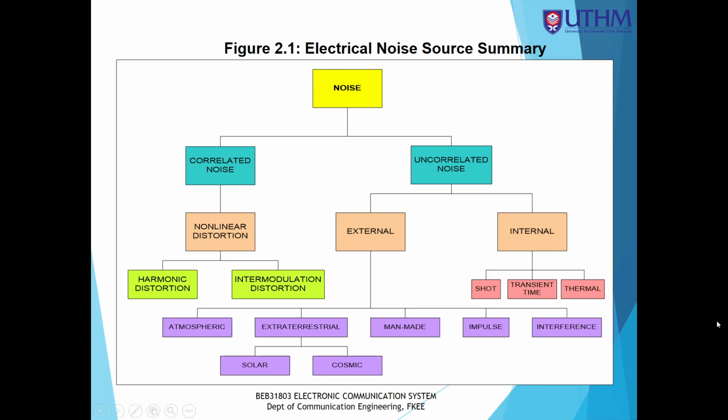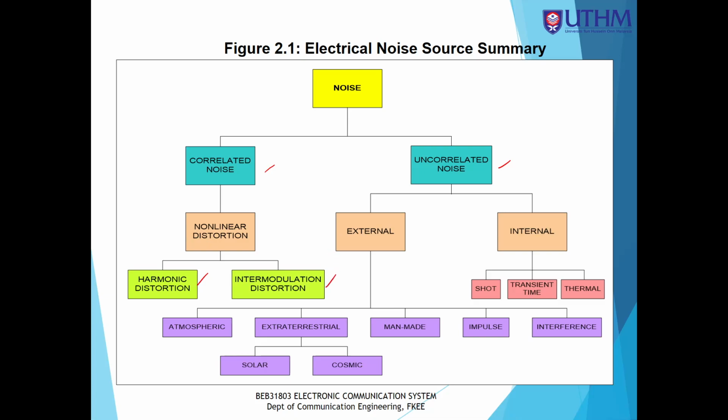So noise has a big family tree like this. Type of noise can be divided into 2 categories. The first one is correlated noise, and then uncorrelated noise. Within the correlated noise, there is non-linear distortion noise, which consists of harmonic distortion and also intermodulation distortion.